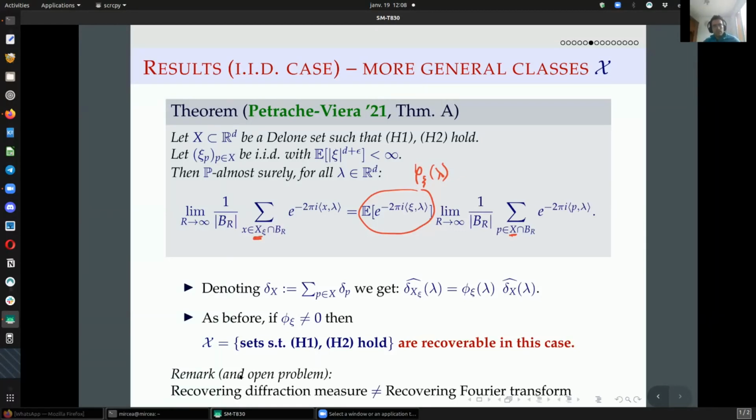Here I have to mention, because it's very common in the literature, if you know works by Torquato and people from material science, that question of recovering the diffraction measure, or maybe even more, recovering the structure factor.